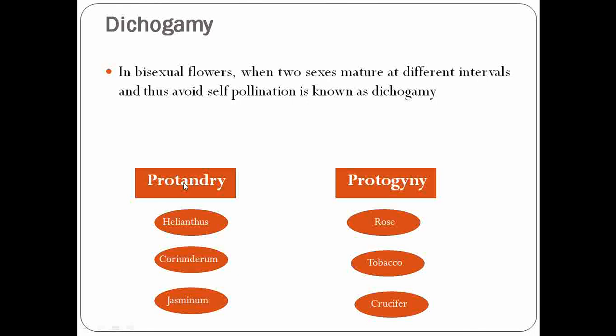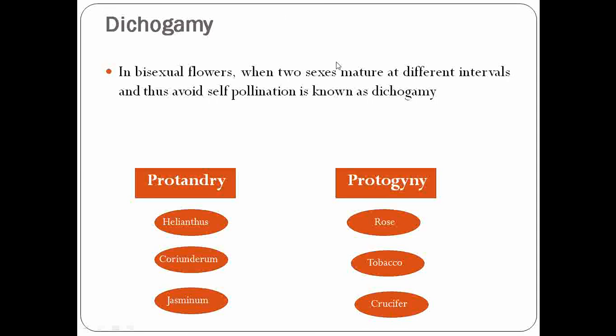Exactly opposite to protandry, protogyny means whenever the gynoecium matures before the androecium. It is observed in plants like rose, tobacco, and various members of the Cruciferae family.